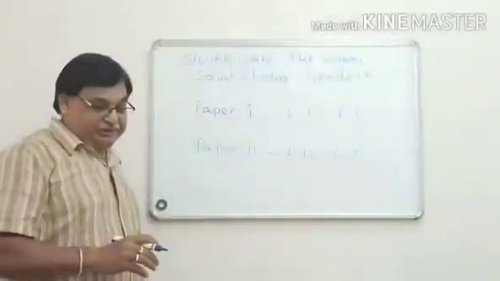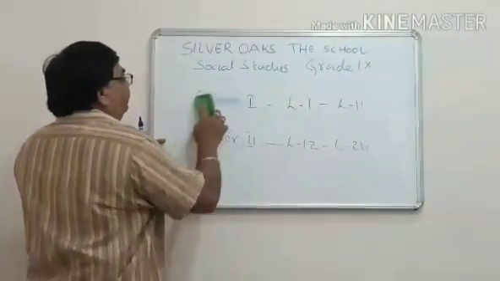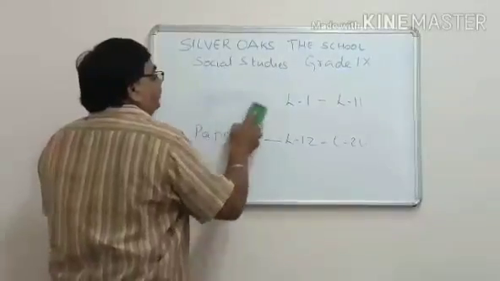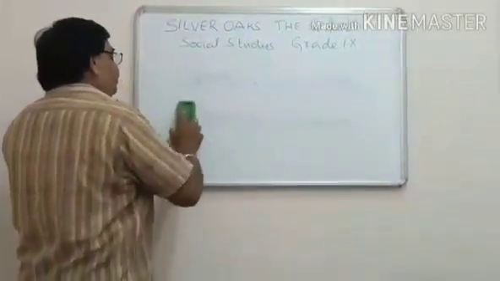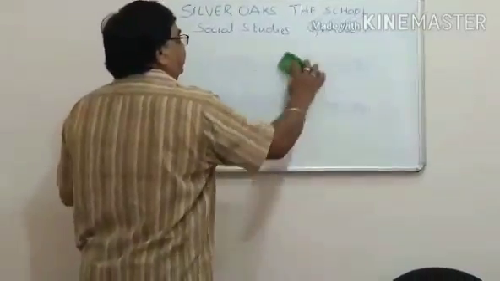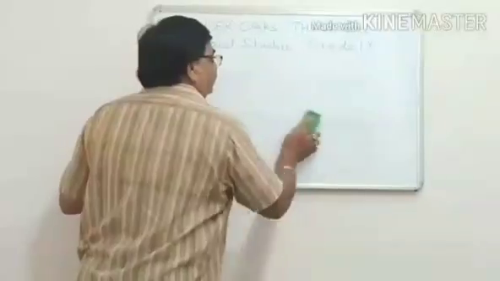The first lesson in our 9th class social textbook is about our earth. Now we are going to start that lesson, and we are going to discuss some aspects of earth.